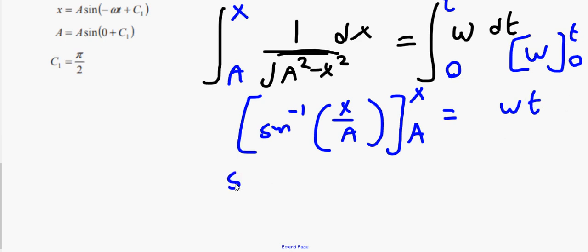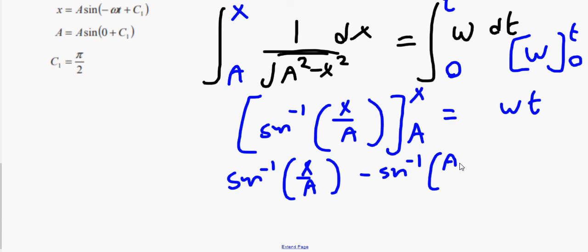We're going to have sine inverse x over a, and then minus sine inverse a over a, which is sine inverse 1. What is sine inverse 1? Simple harmonic motion only accepts radians, never degrees. So you would know this on the day of the exam.